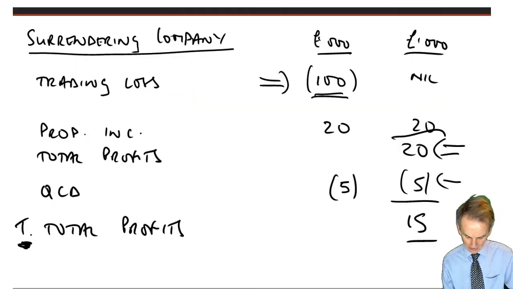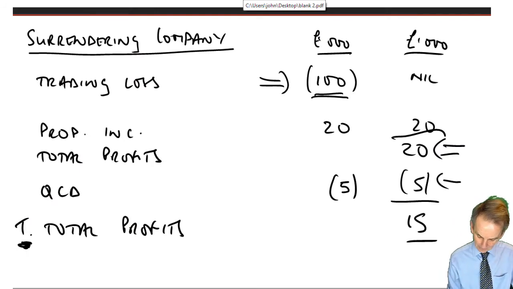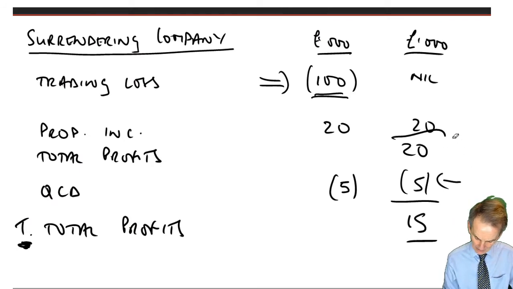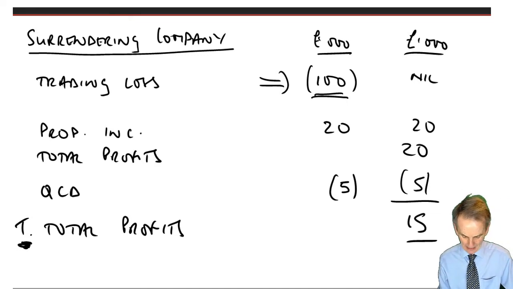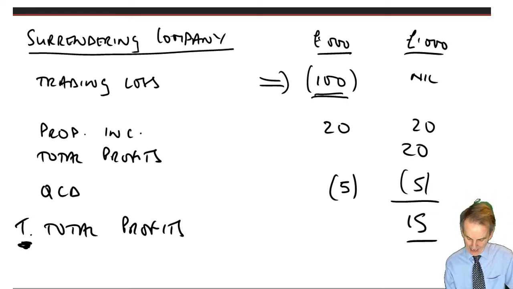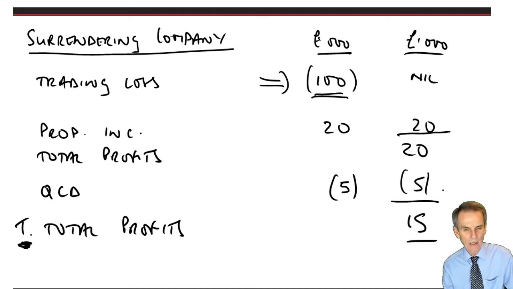If I go back to my example here, in terms of the original corporate tax computation that we prepared, we would have had, as we saw, £20,000 of total profits, £5,000 of qualifying charitable donations, deducted from the £20,000 total profit, leaving us with £15,000 of taxable total profit.